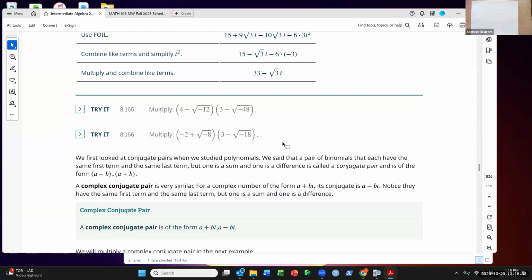So if we're looking at, say, problem 165, we've got 4 minus square root of -12 times 3 minus square root of -48.